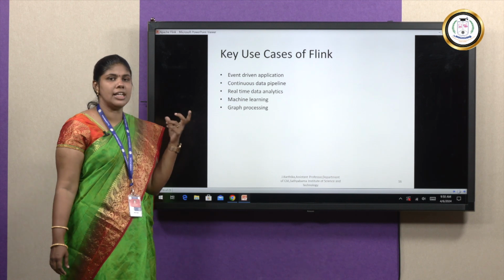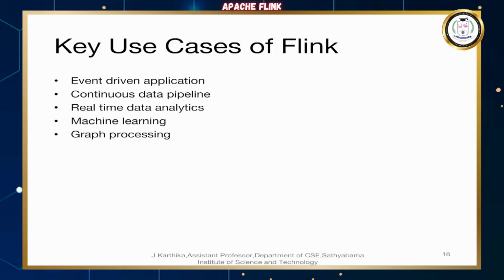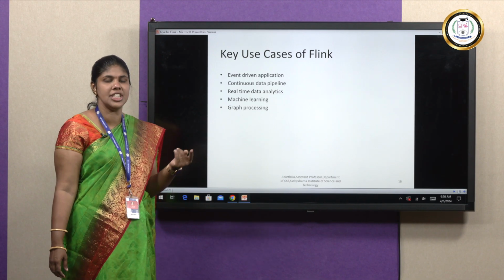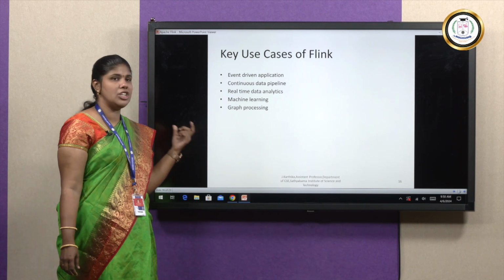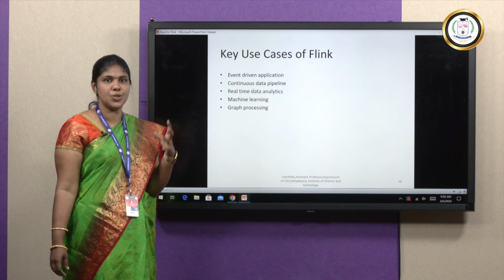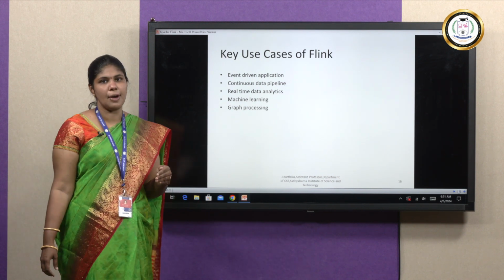Real-time applications can also make use of Apache Flink. And machine learning algorithms, as we already discussed, it supports supervised and unsupervised machine learning algorithms like logistic regression, linear regression and k-means. That is also applicable with the help of Apache Flink. And also graph processing. We have seen Gelly, a library used for graph processing. So these are all the key use cases of Apache Flink.